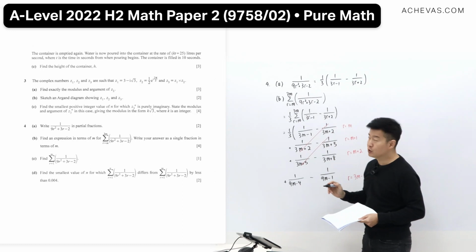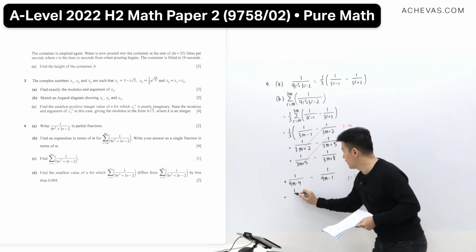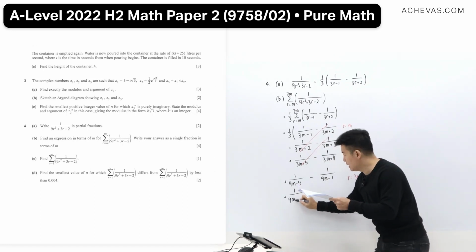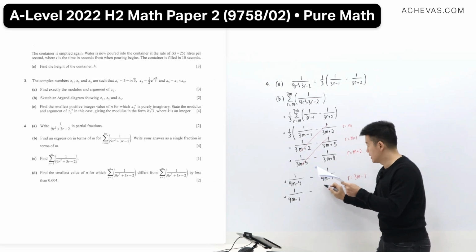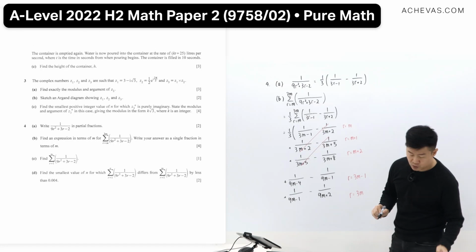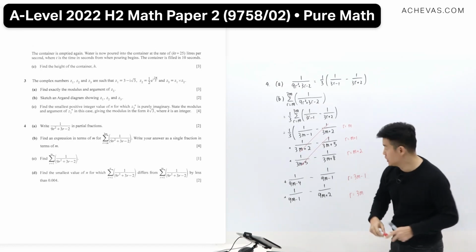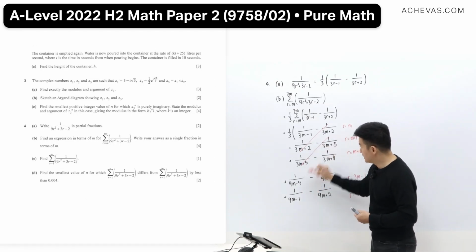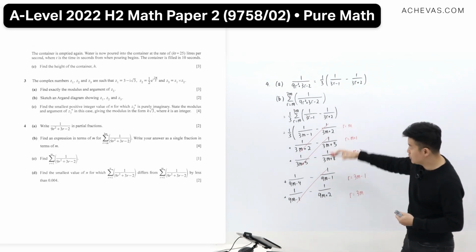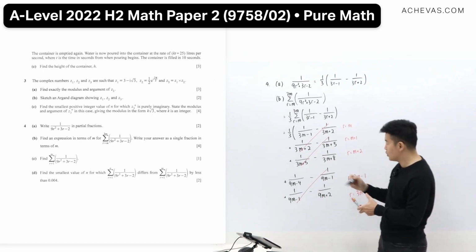And when r is equal to 3m, we will have a 1 over 9m minus 1 minus 1 over 9m plus 2. So we are seeing the same kind of cancellation. We have verified that, which is this pattern over here. Okay, it continues all the way until the very, very last 2 rows.